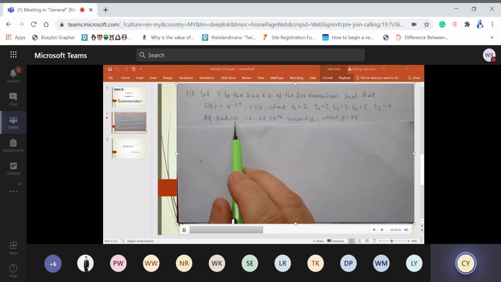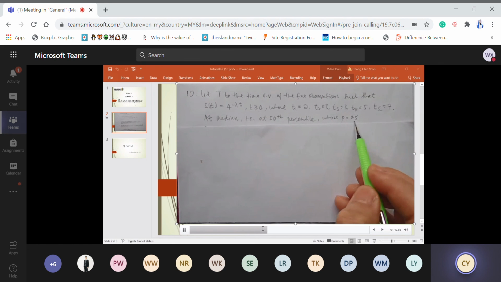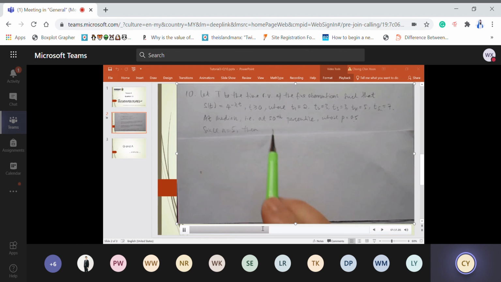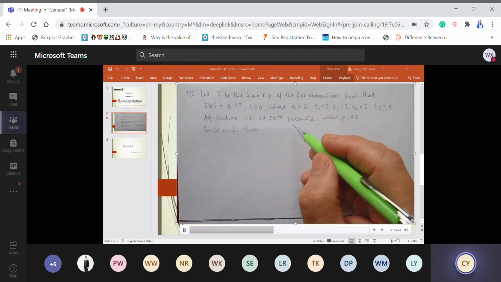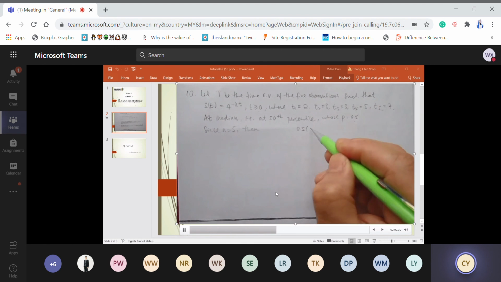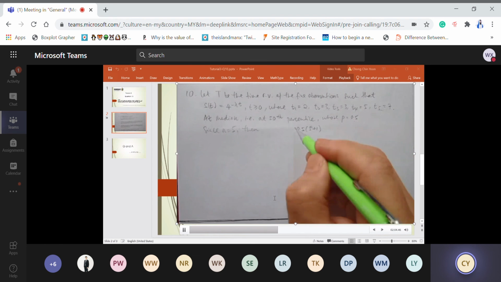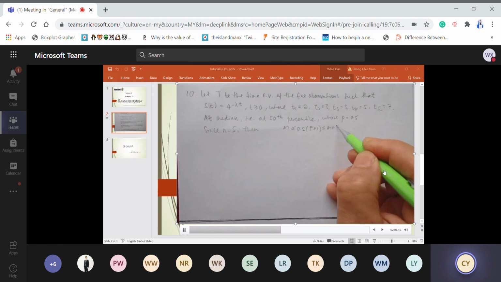At the median, that is the 50th percentile, the probability is 0.5. Since the sample size is 5, the following equalities must hold. That is, the probability multiplied by n plus 1 must lie between m and m plus 1.